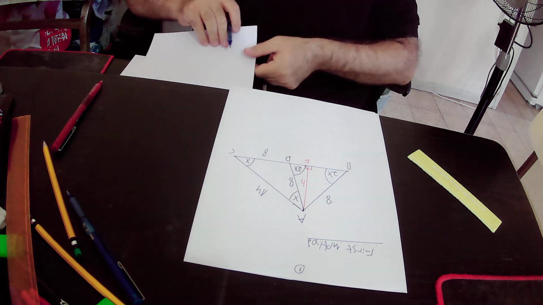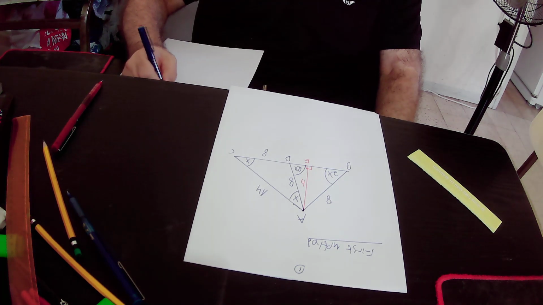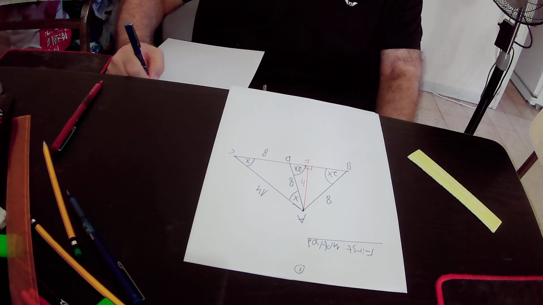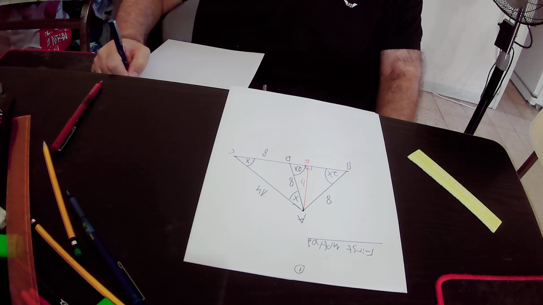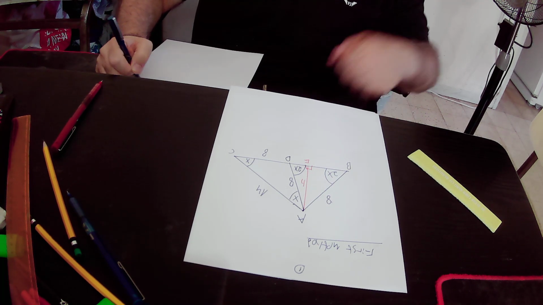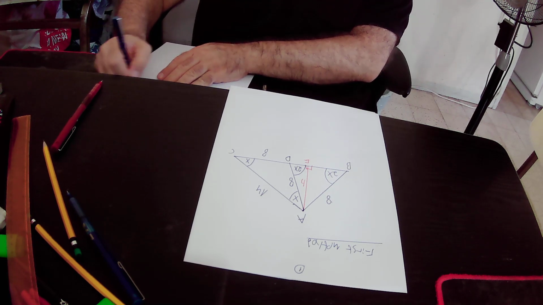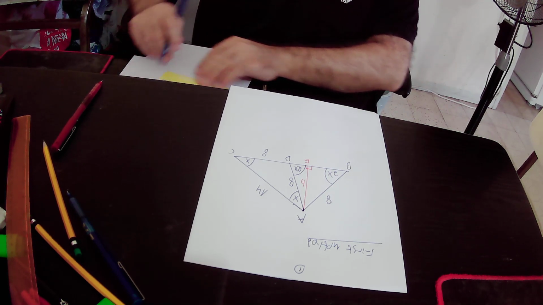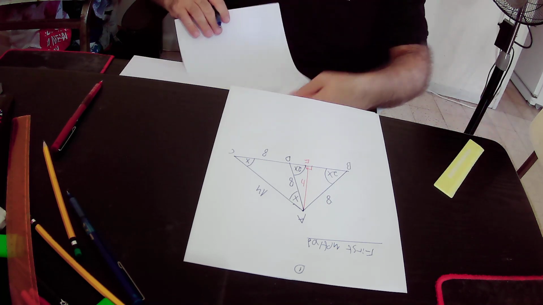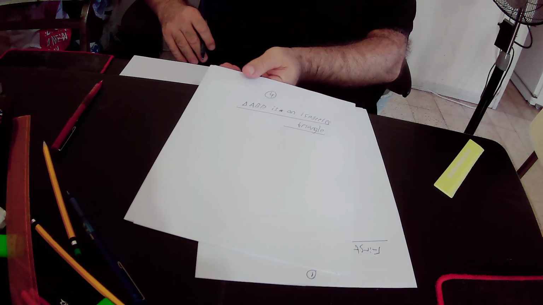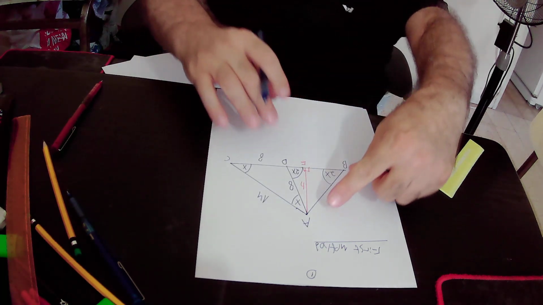So in the isosceles triangle, triangle ABD is an isosceles triangle because AB equals AD.